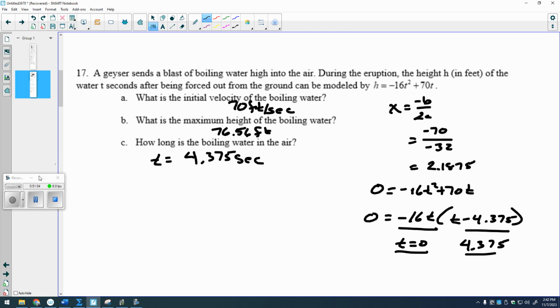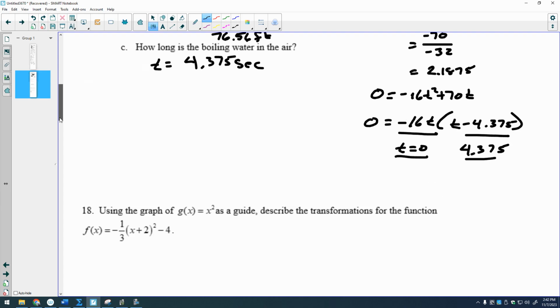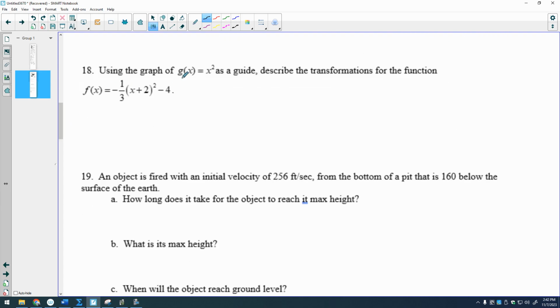Okay, get rid of this guy. Number 18. Using the graph of the parent function, y equals x squared, as a guide, describe the transformations. So let's do each one of them. The negative is a reflection over the x axis, spelled correctly.